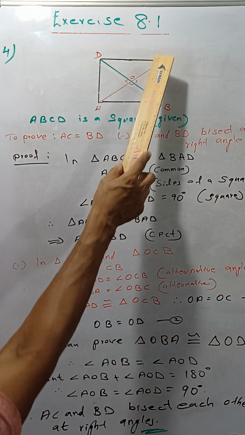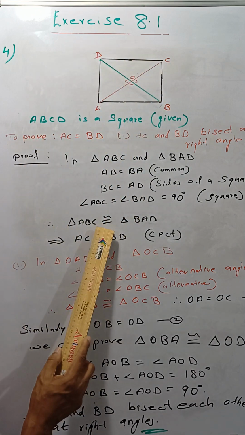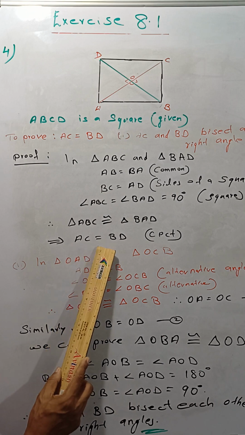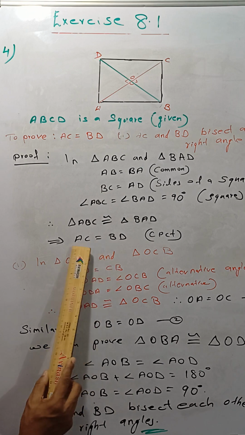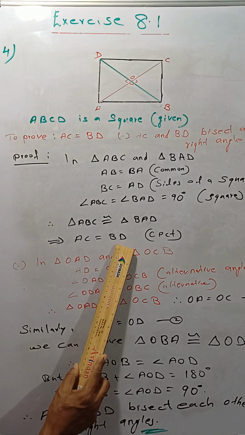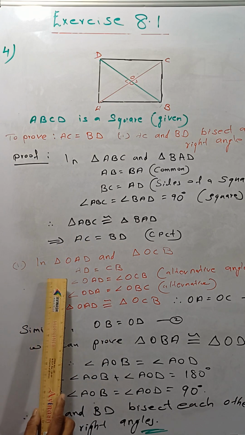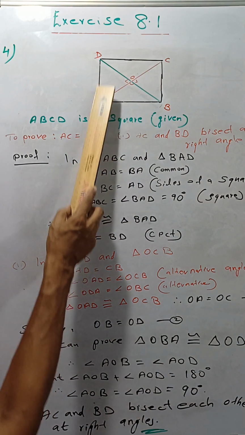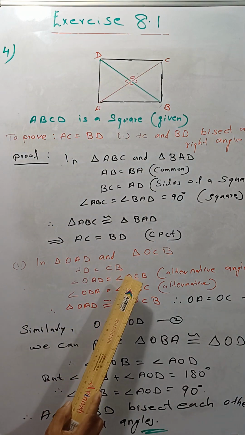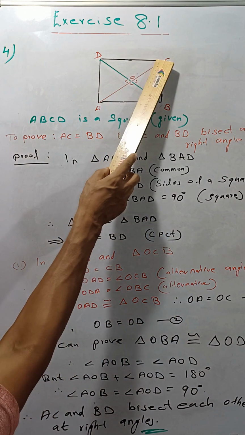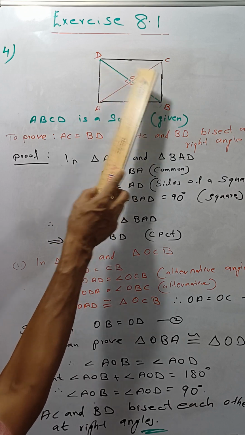From these two triangles, we proved that AC is equal to BD. Then next we are taking triangle OAD and triangle OCB, these two triangles.